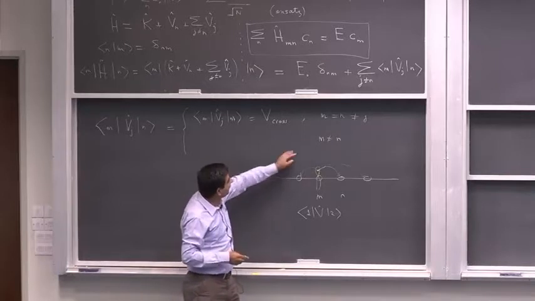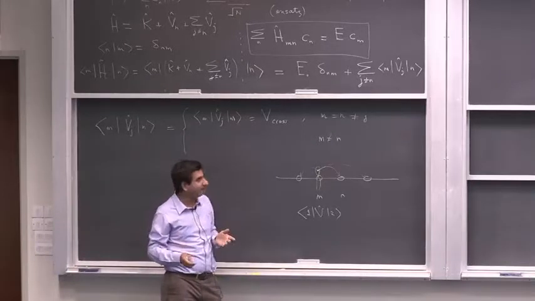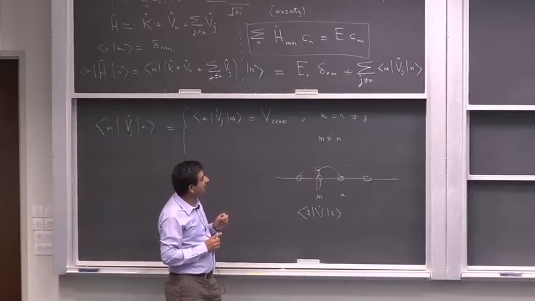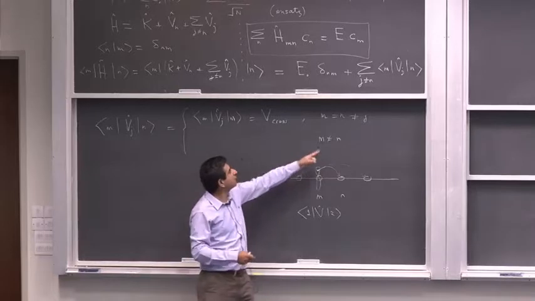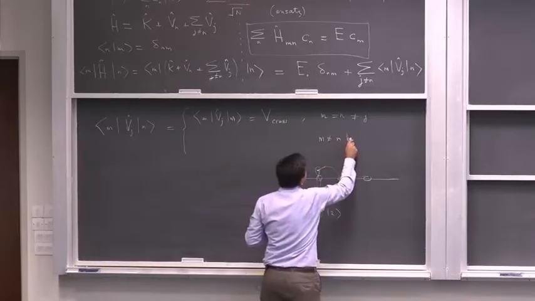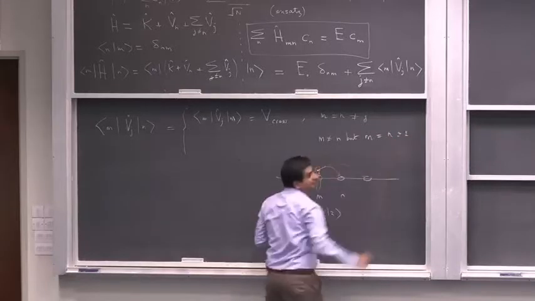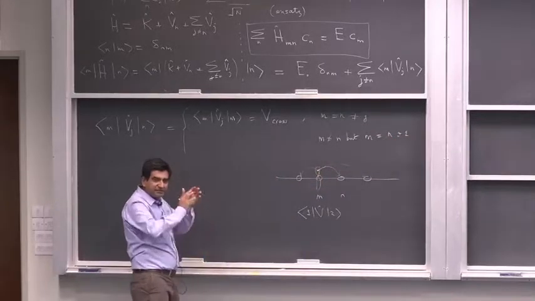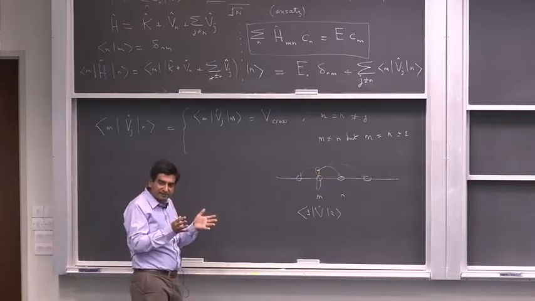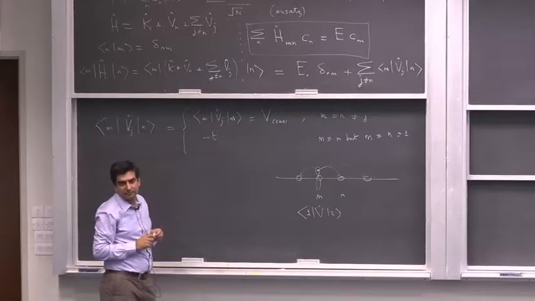Now m is not equal to n, and it could be different kinds of m not equal to n. One possibility is that I only include nearest neighbor interactions. That is, m is not equal to n, but m equals n plus minus 1. So this will give me a certain scalar, a complex number, and I call that complex number minus t. t is a complex number.